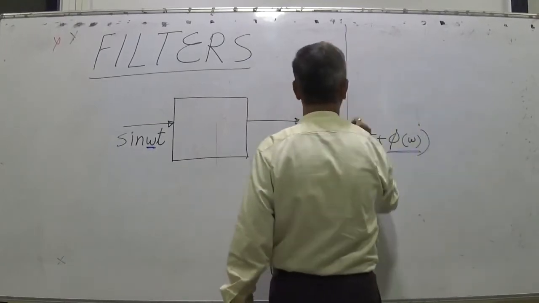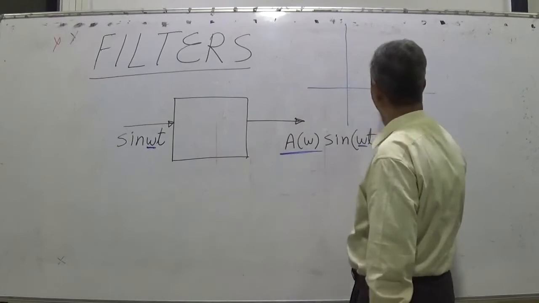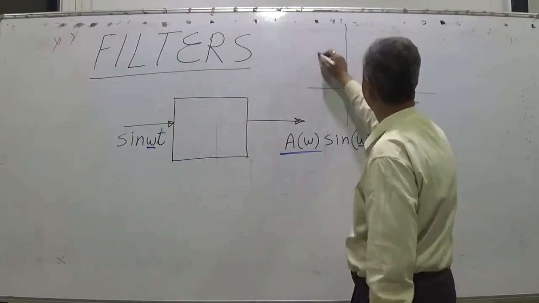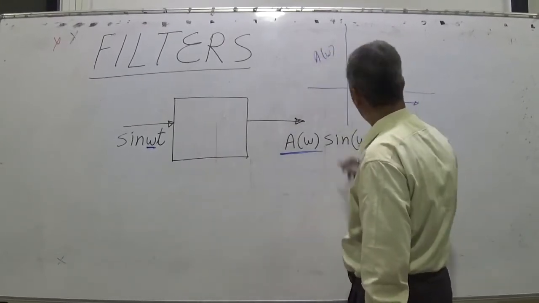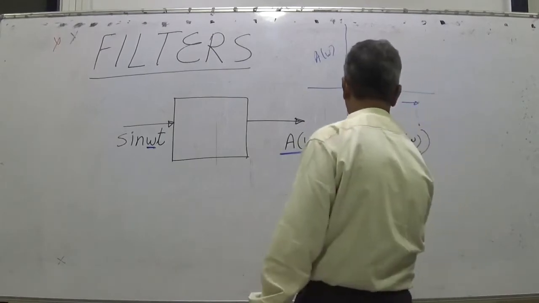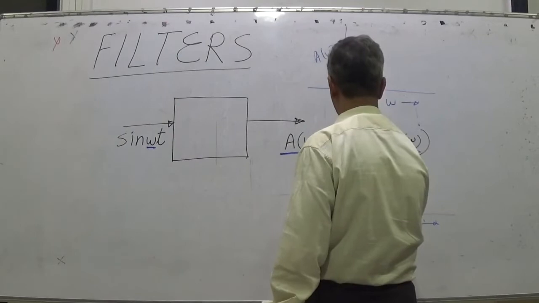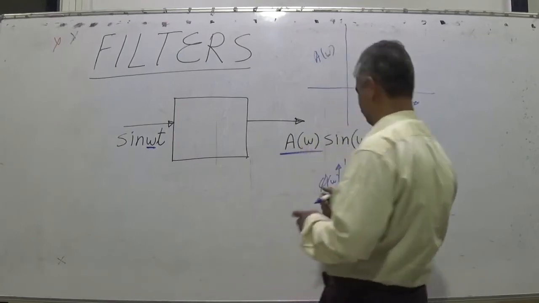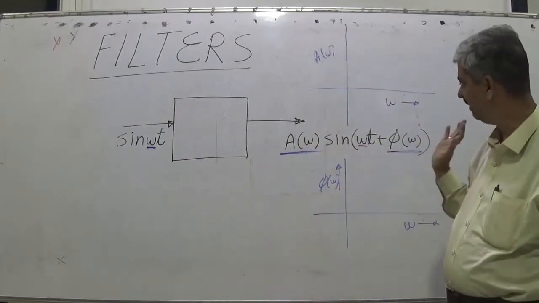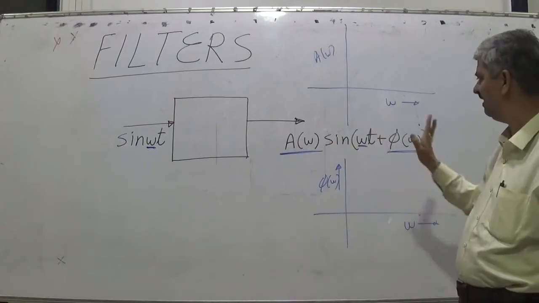So you can plot A(omega) versus omega, and you can also plot phi(omega) versus omega. I hope it is quite simple and quite clear.